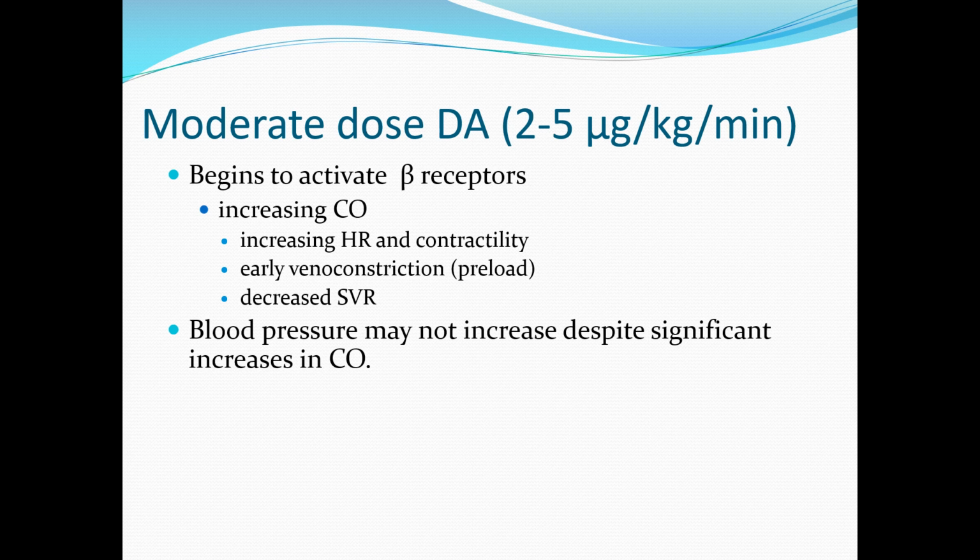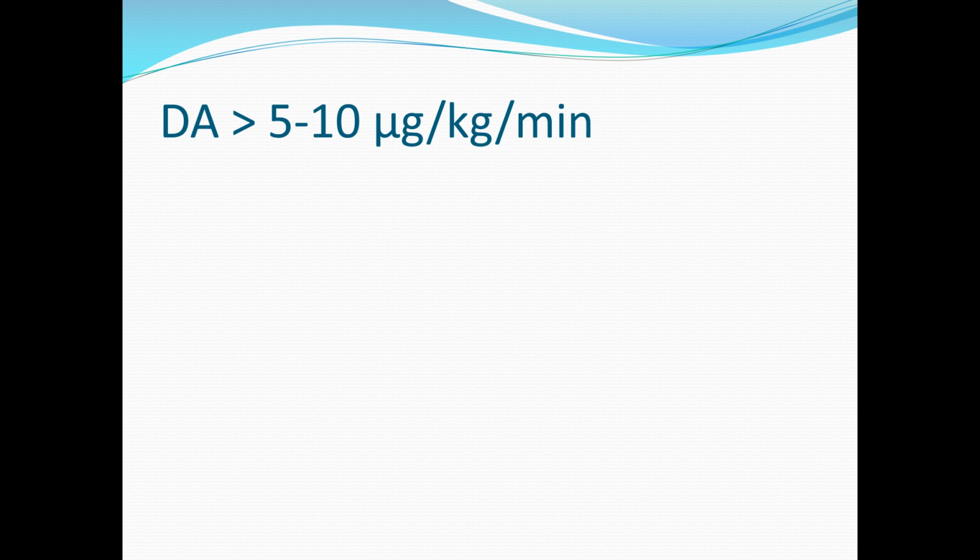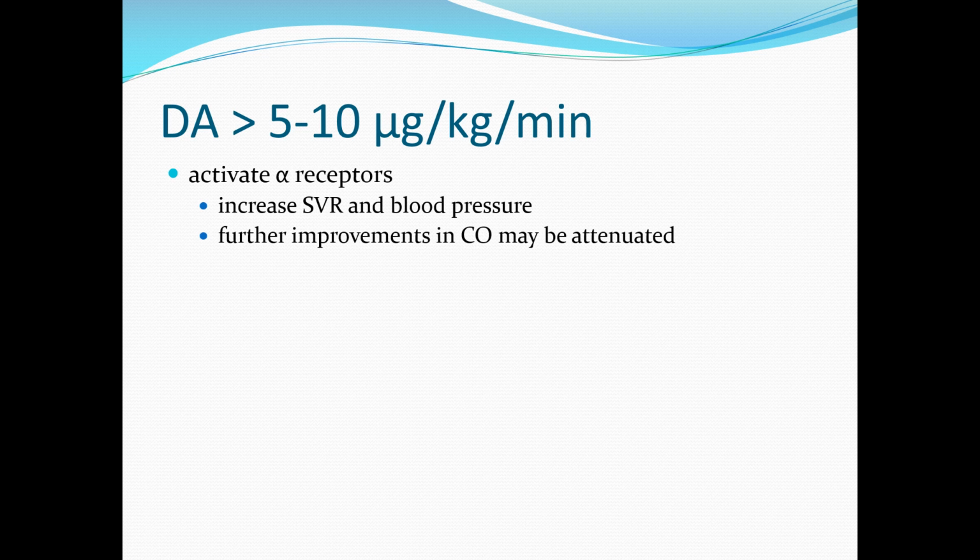Blood pressure may not increase despite significant increase in cardiac output. And this dose range kind of appears optimal for managing CHF and lung failure because it combines inotropism and afterload reduction with possible diuresis.